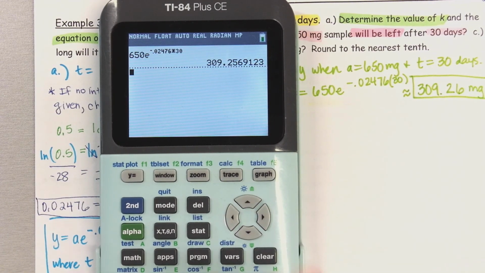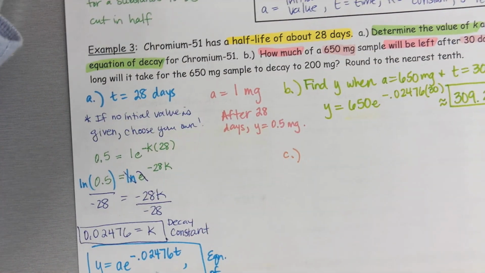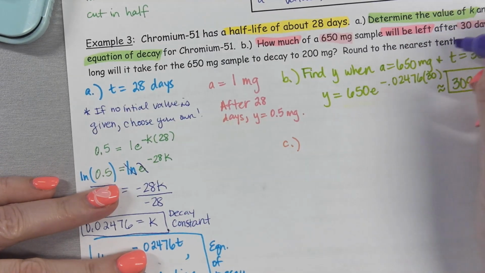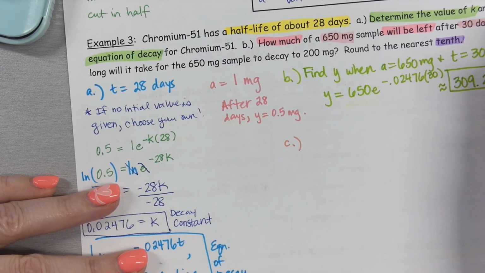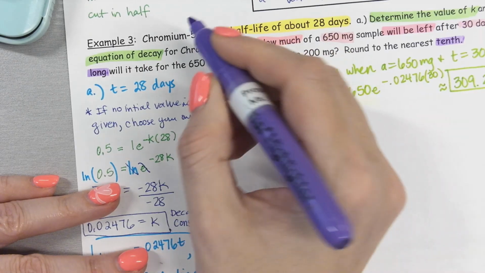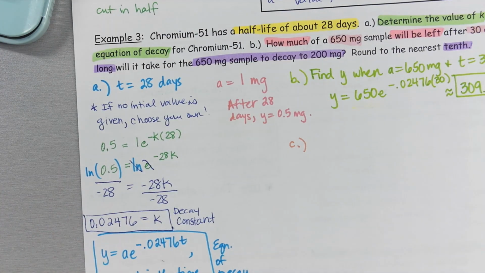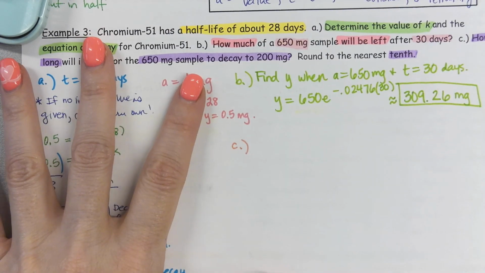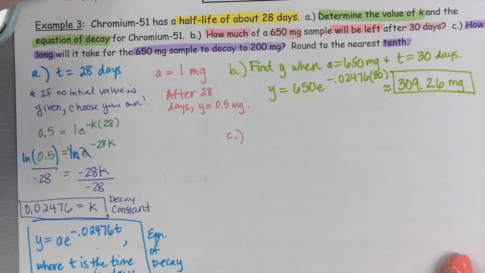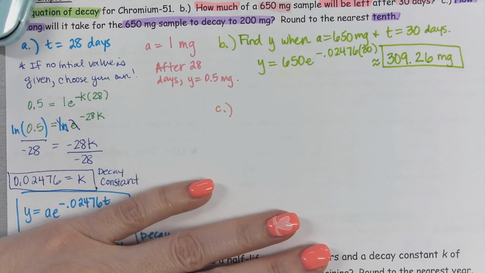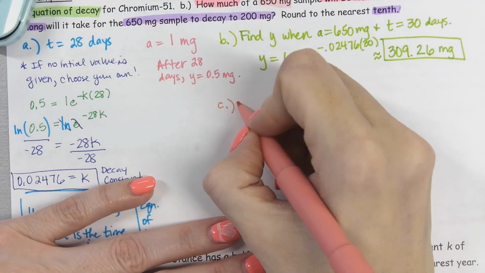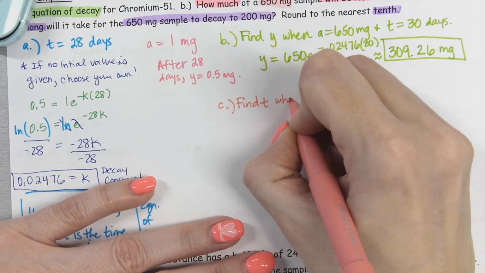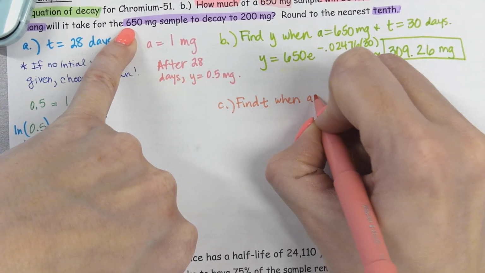All right. And then for the last one, it says how long will it take for that sample to decay to 200? And that does say round to the nearest 10. Anytime it says how long, that means we're going to find what? T. Okay, so then we're going to find T when, so this is still your initial value.